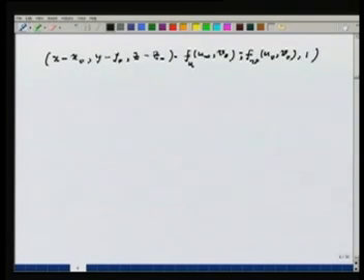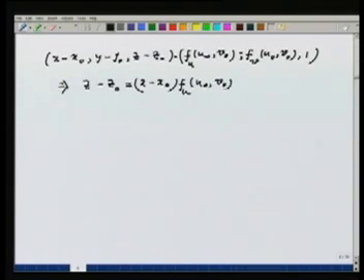If I do the dot product, what I get is z minus z naught equals the expression. Okay.